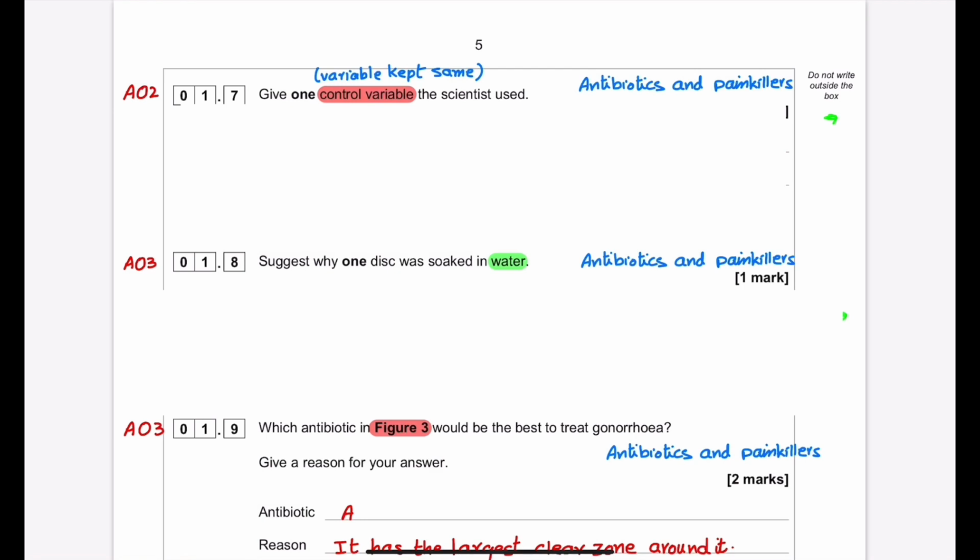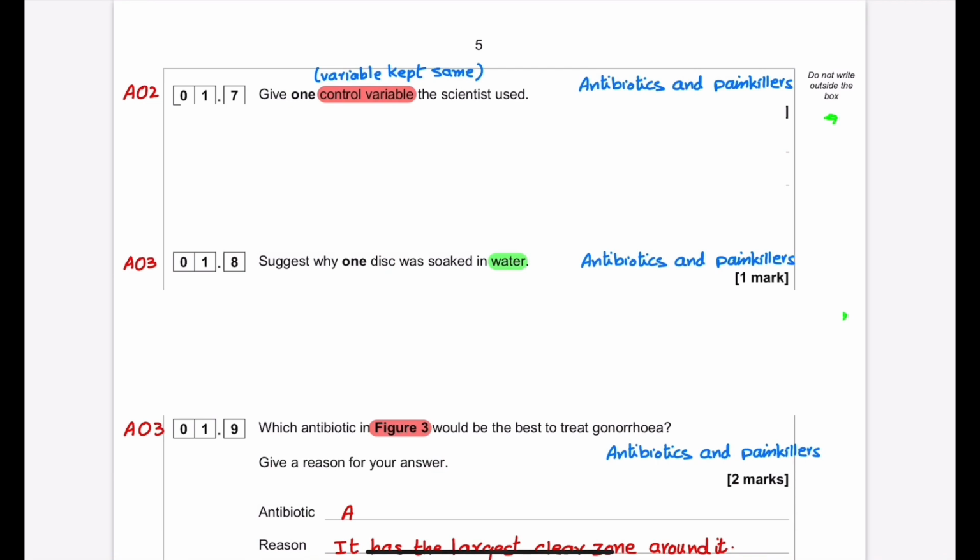The other options you can use in your answer are temperature during incubation period, or the time of incubation, the concentration of antibiotic or the volume of the antibiotic. So these are the different options you can use.